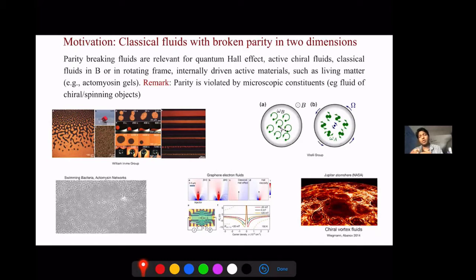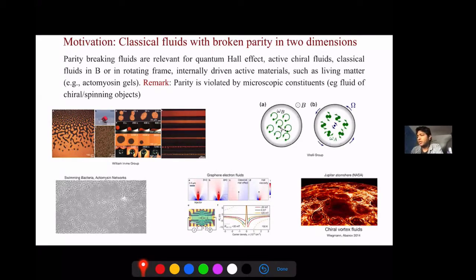At the long wavelength regime, you can think of these droplets as a fluid dynamical behavior where the individual chiral spinning at the fundamental level is translated into a net parity breaking effect collectively on the fluid.